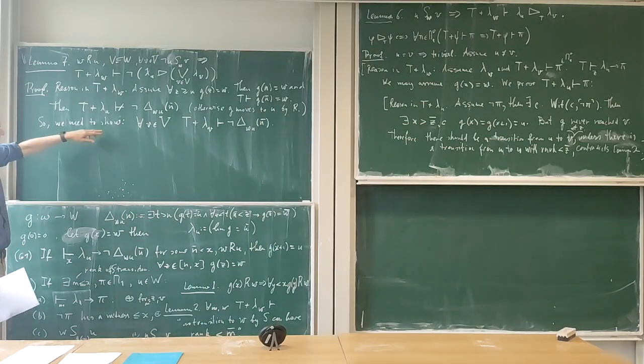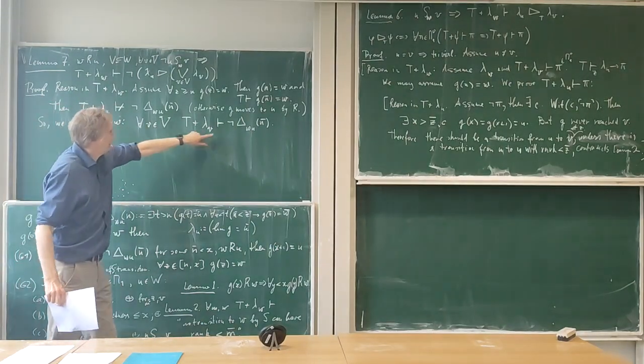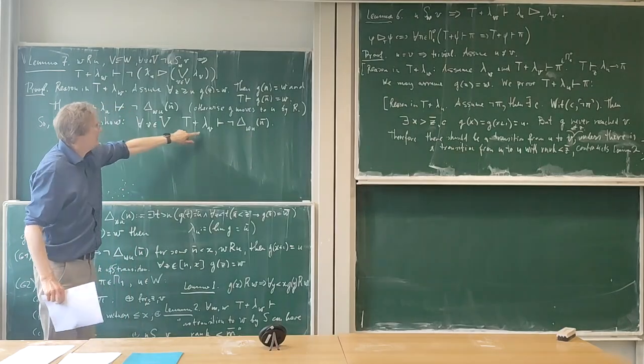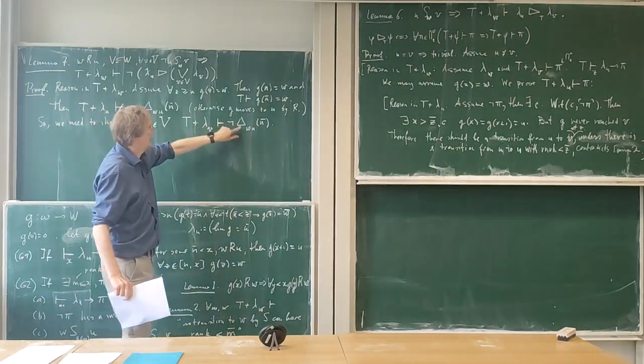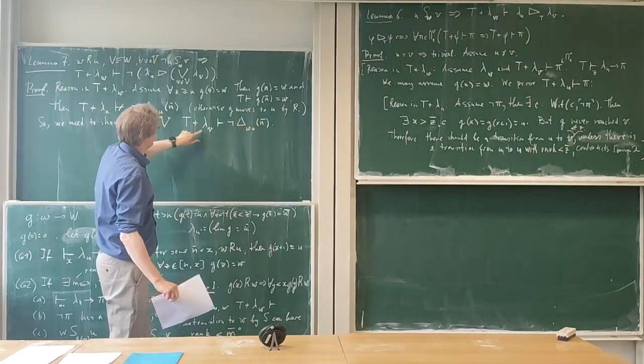Why is it sufficient? Because if we prove that for every V, then we can prove not delta W of n from the disjunction.